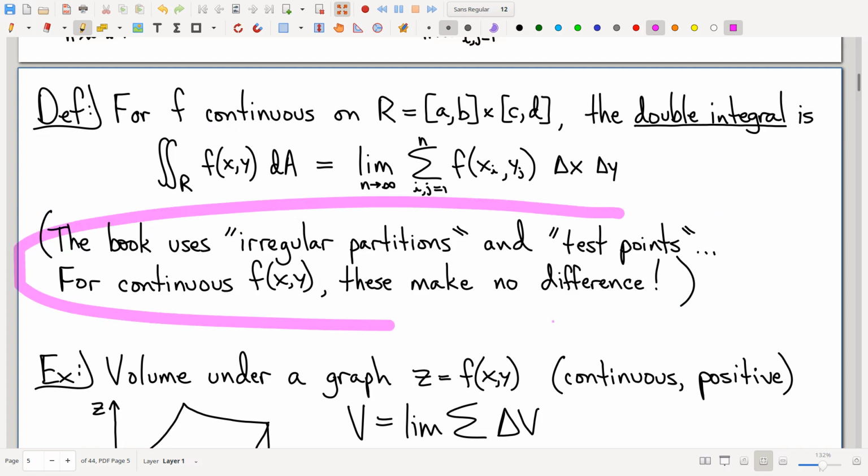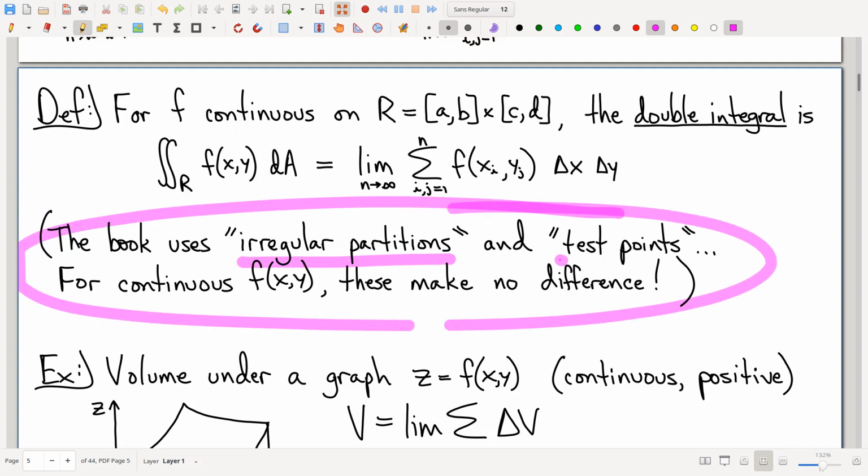All the stuff the book does using irregular partitions and arbitrary test points is a few steps down the road in making this more formal and more broad in its application, and therefore better, sure, but mostly for mathematician ivory tower purposes. For our engineering and physics purposes, it's not that important. So you are not responsible. You can ignore all that business about test points and irregular partitions.